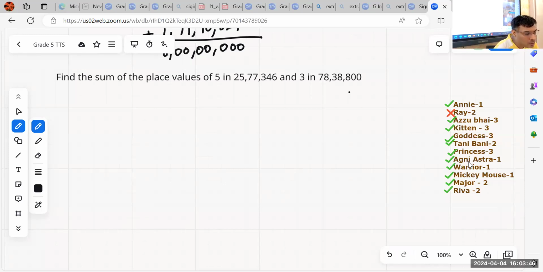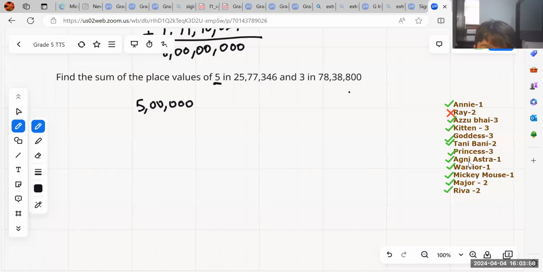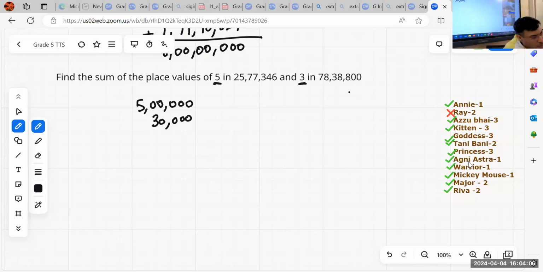Keep your camera on and keep unmuted. So what is the place value of 5? Sir, 5 lakh. And what is the place value of 3? 30,000. If you are asking questions like these, Ray, you are not paying attention.